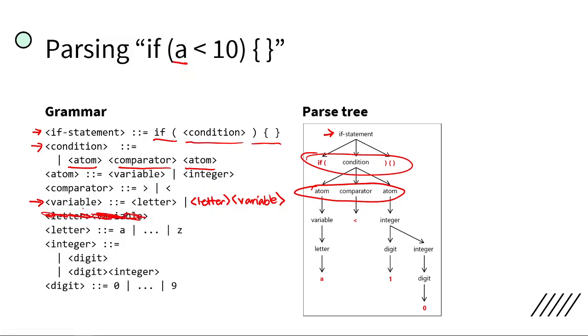Again, a variable can be a letter or a letter followed by a variable. Then the letter is A to Z. So we broke down the atom into a variable, broke down the variable into letter, and then the letter into A. Next, this comparator. The possible values of comparator can be a greater than symbol or a lesser than symbol.